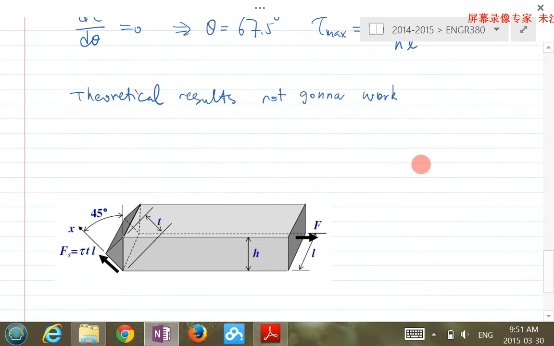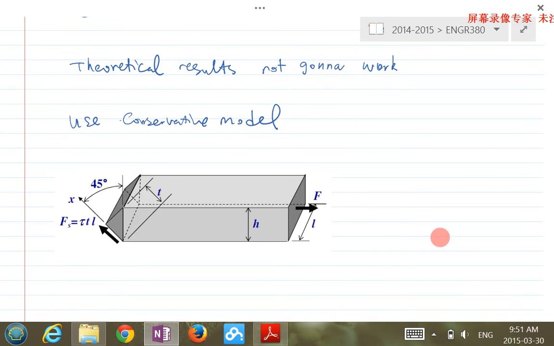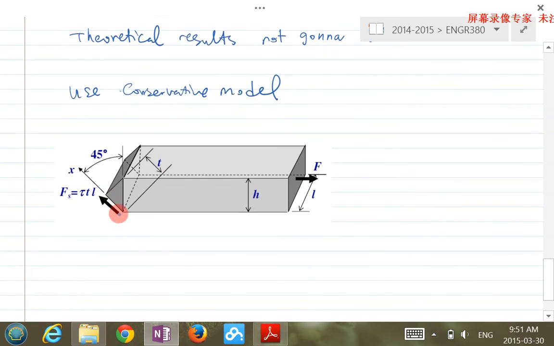So what we do is we use a so-called conservative model. So this is a conservative model I'm talking about here.